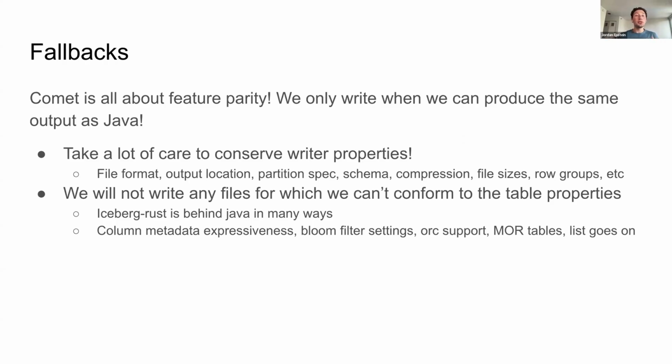So because we're using the Iceberg Java API and ultimately comparing that to the Iceberg Rust API, the latter is a little bit less mature than the former, and there's quite a few Iceberg writer properties that Iceberg Rust doesn't support that Iceberg Java does. So we have quite an exhaustive list and list of test cases as well to ensure that if any of those are set beyond what Iceberg Rust can support, we'll fall back to writing the normal way, which is unfortunately a little bit less efficient.